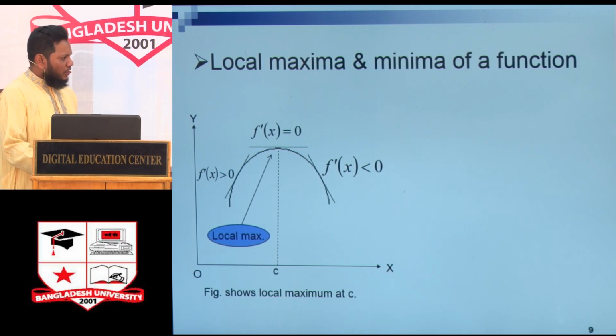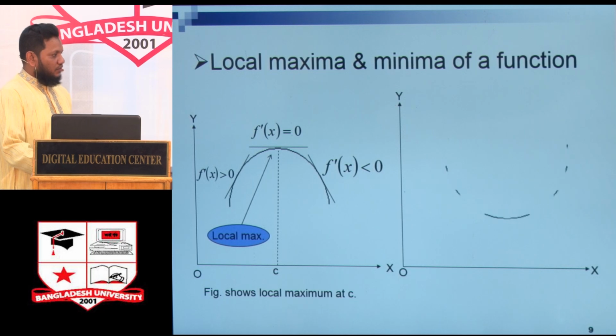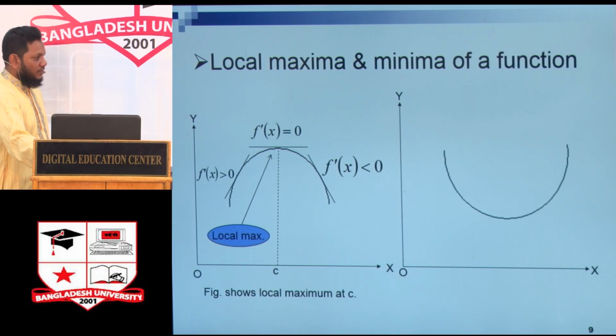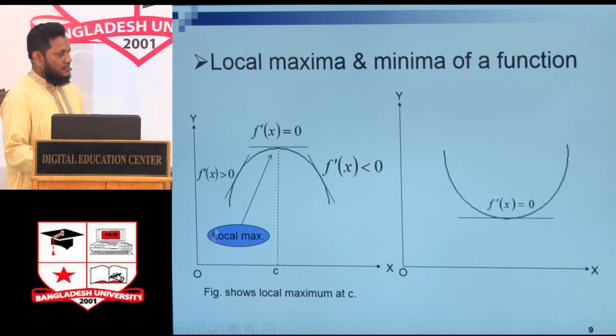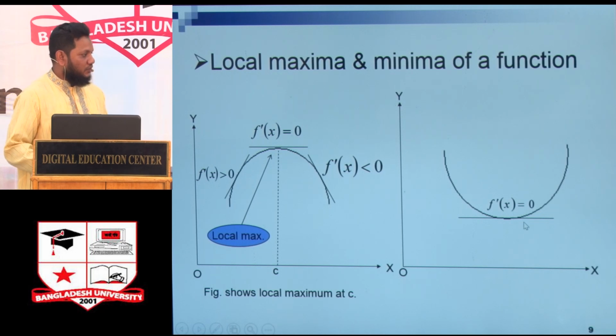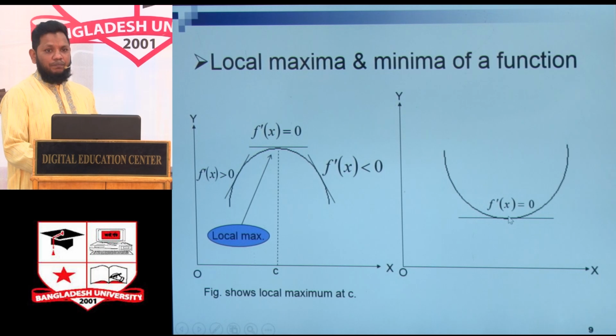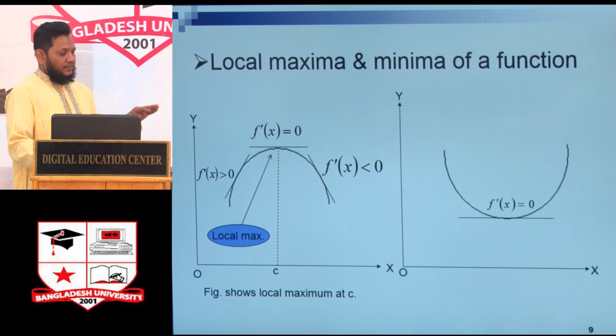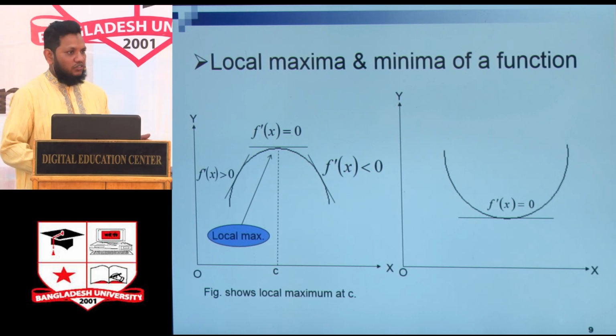Now, if we draw another graph, y equal to function of x, and if we draw a tangent at the middle point of this function, you see at this point f prime x equal to 0, because the reason is the same, that is there is no angle between the x-axis and the tangent. So the angle is 0, that is tan 0 will be 0.